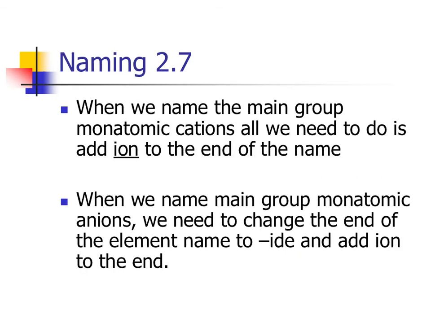When we name main group monoatomic cations, all we have to do, and this is very specific for monoatomic cations, is add the word ion to the end of the name. That indicates that you're not talking about the metal itself. Instead, you're talking about the cation, the ion of that metal.